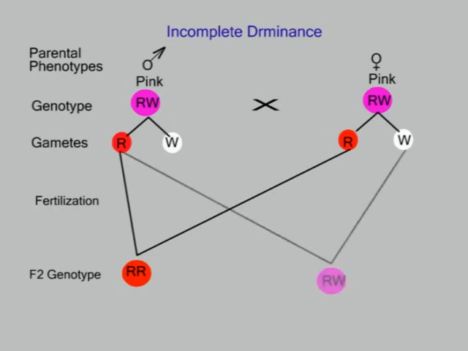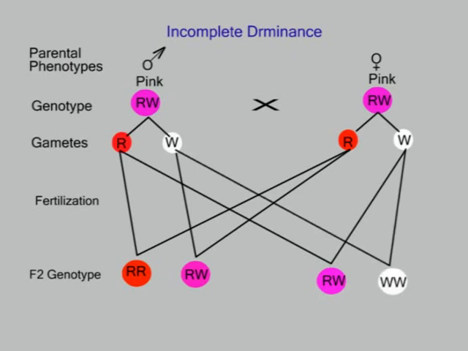Then R fuses with a W to produce RW. Again, W fuses with R to produce another RW, and then finally W fuses with another W to form WW. So we have RR is red flowers, 2 RW are the pink flowers, and WW is 1 white flower. So the ratio of red to pink to white is 1 to 2 to 1 respectively.